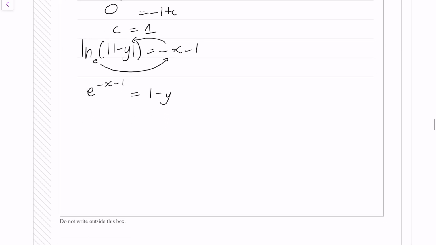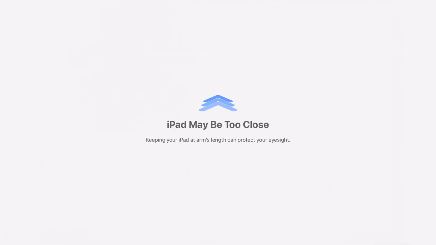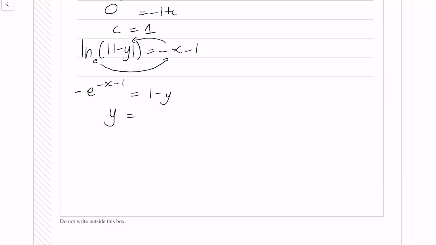Then I want to get y on its own positively on one side, so I'm going to bring it to the left hand side, so plus y on both sides, and then minus e to the power of negative x minus 1 on both sides. And that's my solution.